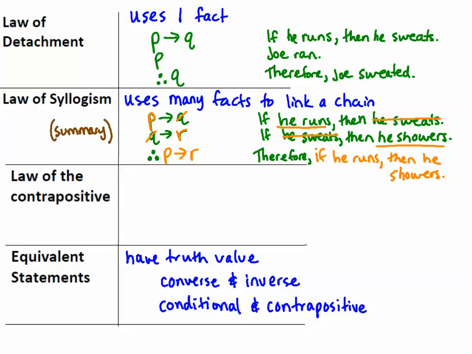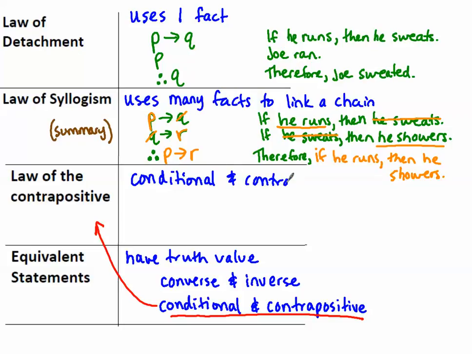So since the conditional statement and the contrapositive are equivalent to each other, then we can use the law of the contrapositive in any argument. How does that work? Well, first let's write that the law of the contrapositive is saying that the conditional and the contrapositive really have the same meaning.